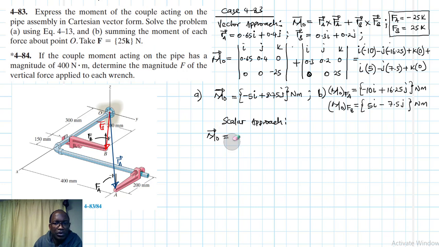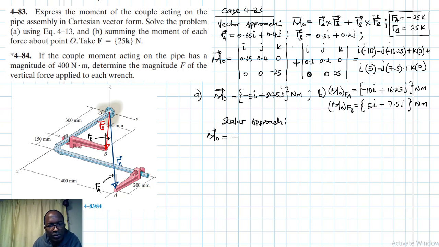Okay, because we've been told to represent this as a vector. So say F, this F times the moment around the x-axis due to F. So we'll have F times the lever arm about the x-axis.